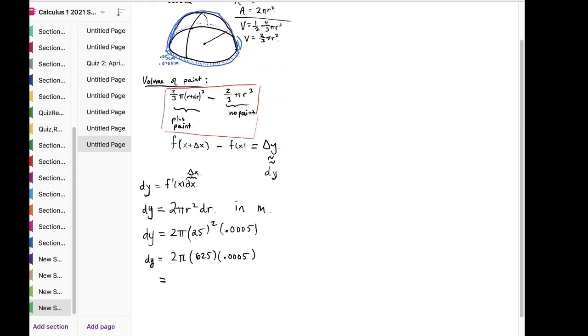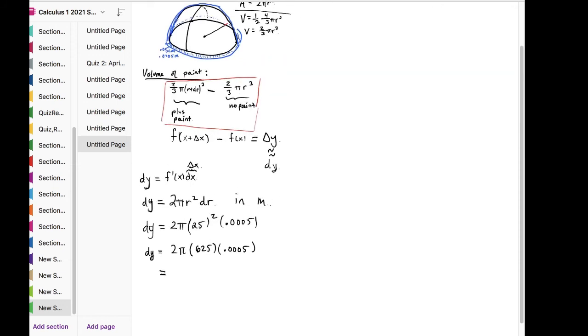Right, so again, this is dy, which estimates delta y, which is what we determined to be how much paint we need. So, can someone plug that into a calculator?